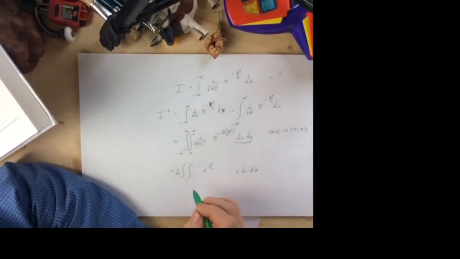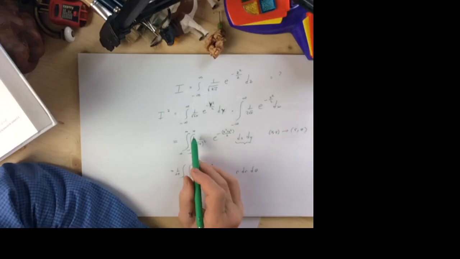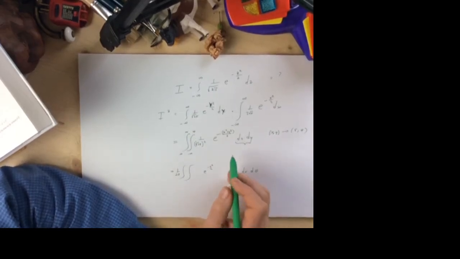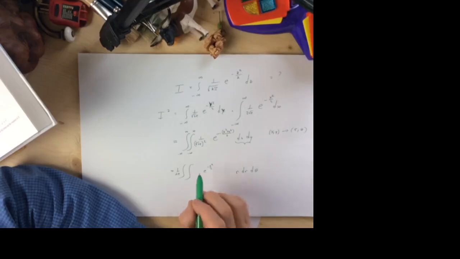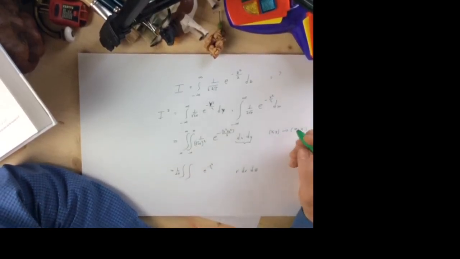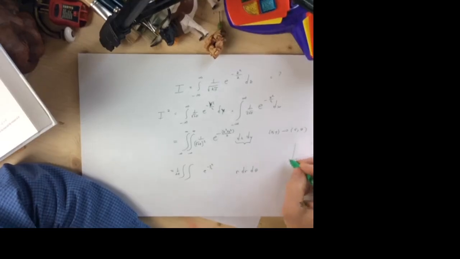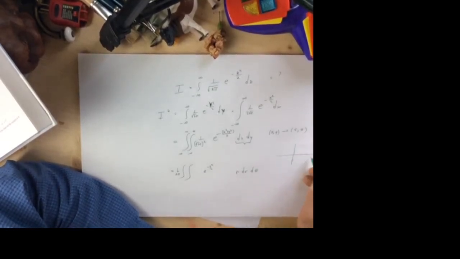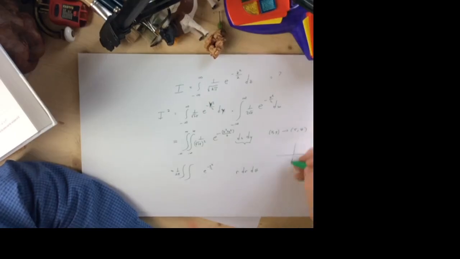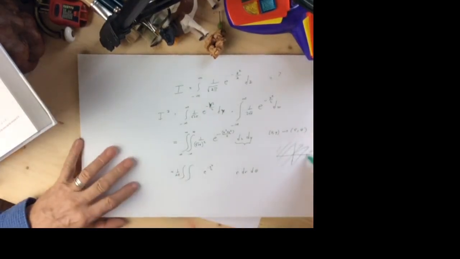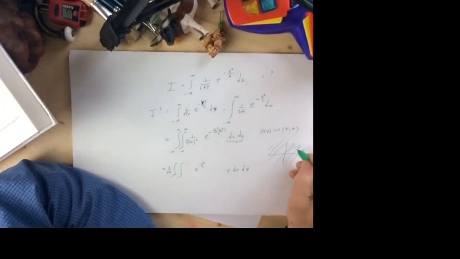And now it's a question of if x varies from minus infinity to infinity, and y varies from minus infinity to infinity, how does that explain how r varies? Well, x varying from minus infinity to infinity means right and left. Y varies up and down. It means that we have the entire Cartesian plane to integrate over.